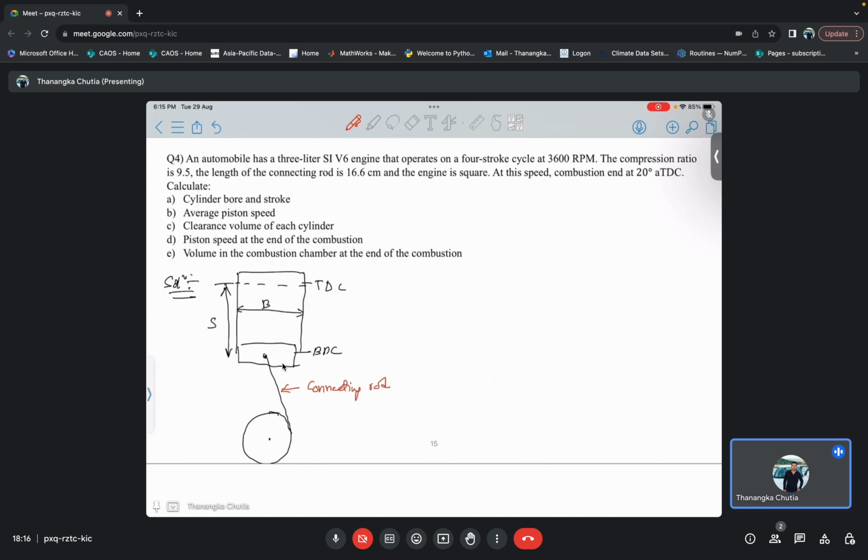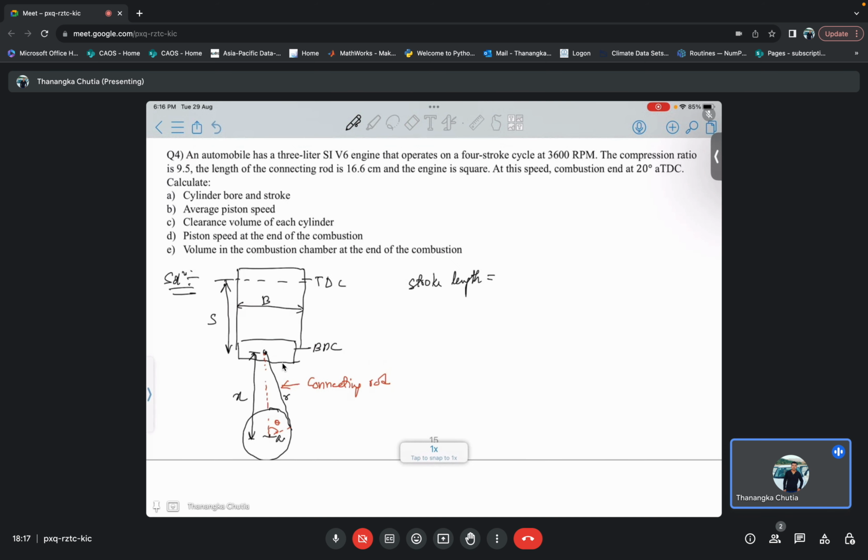And this angle, if it is theta, so certain notations are there which you should understand. This distance is A, this distance is R, and this distance, if we take it as X. Usually, stroke length is equal to your S, and this stroke length will be nothing but 2 times A. Yes or no?